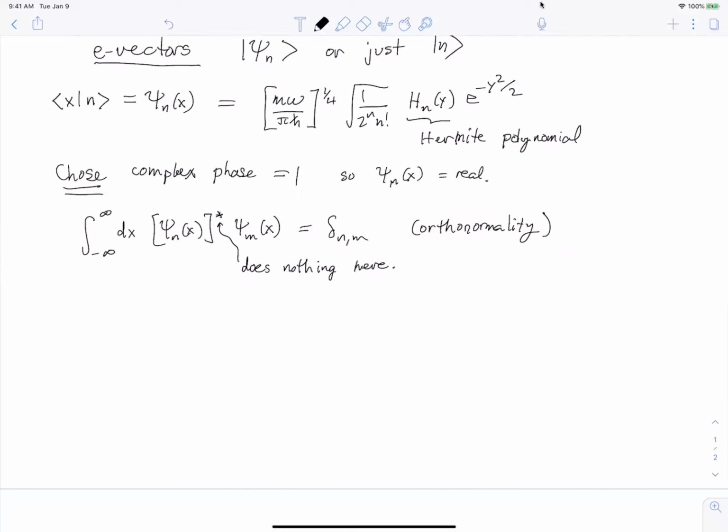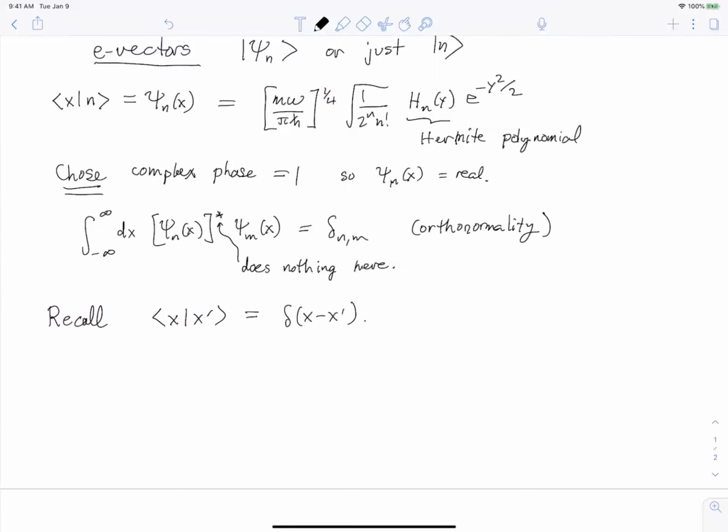And another thing we can write down that's kind of interesting is recall that in the position representation, if I take the inner product of two position eigenstates, that's the Dirac delta function. Okay, that doesn't matter what problem you're talking about, whether it's harmonic oscillator or any other problem.